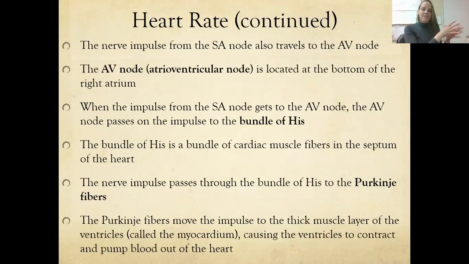When the impulse gets from the SA node to the AV node, it passes that impulse onto the bundle of His, which is a bundle of cardiac muscle fibers in the septum, that middle section of the heart. And then that nerve impulse is going to get passed onto the Purkinje fibers. The Purkinje fibers then move that impulse to the thick outer muscles of the ventricles, called the myocardium. And that causes the ventricles to contract and actually pump the blood out of the heart.